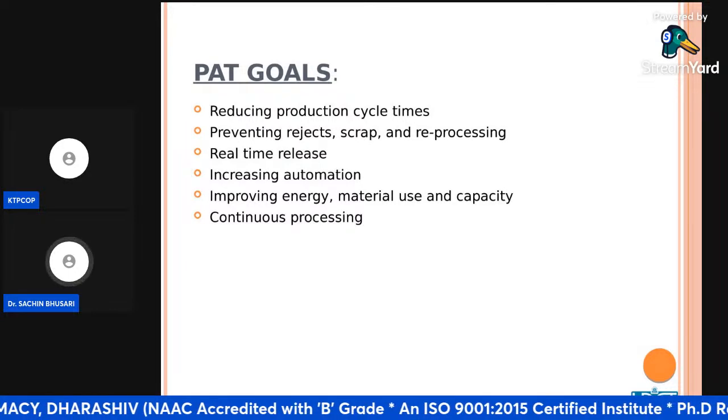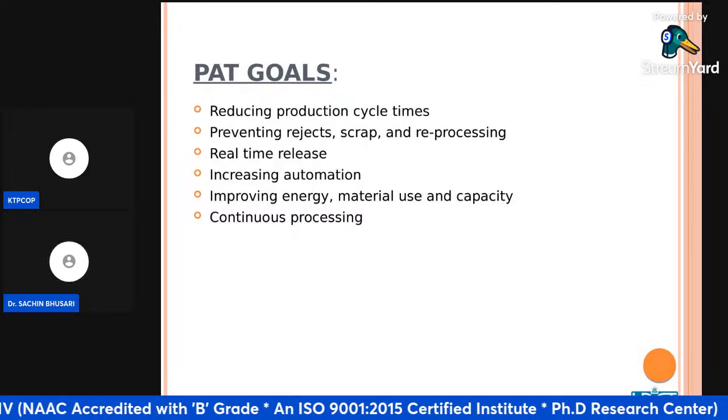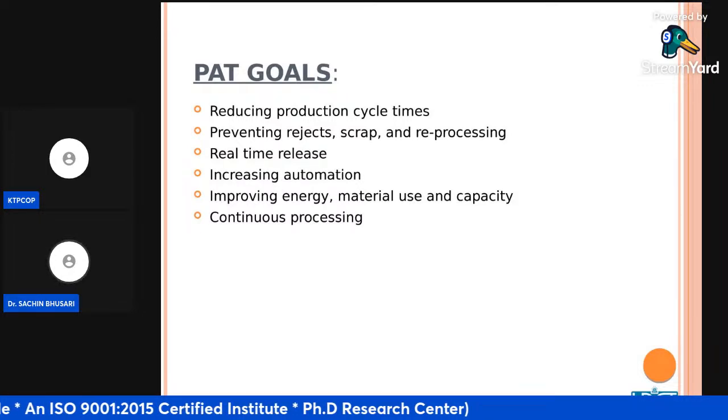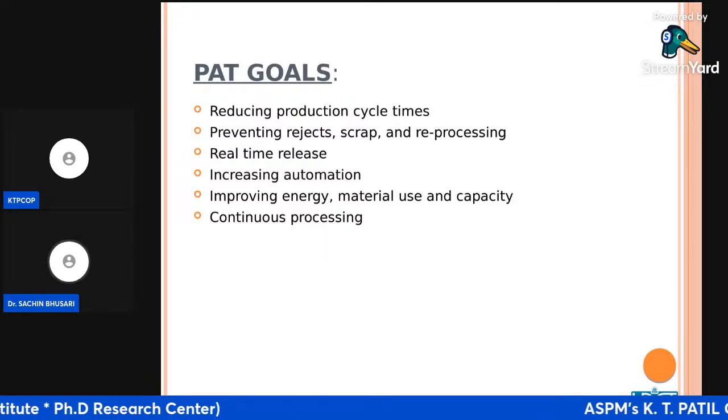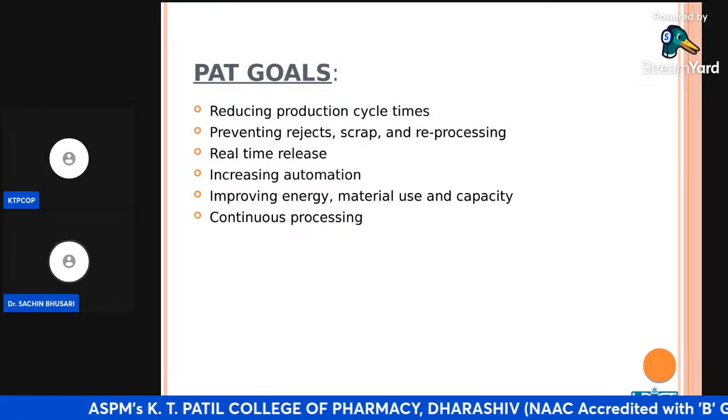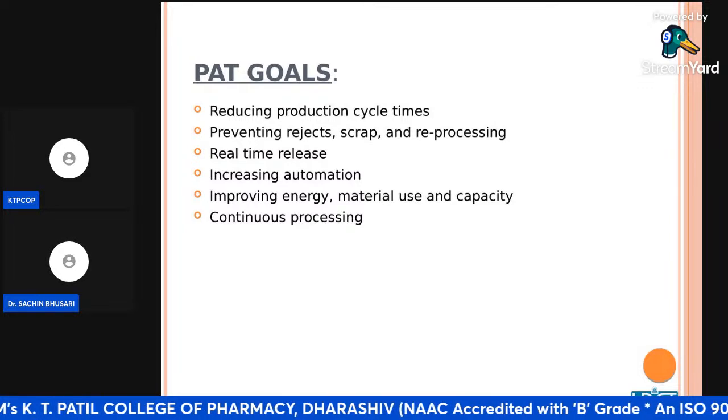Okay. The second goal of PAT is preventing rejects, scraps, and reprocessing. My dear friends, just consider one case. You manufacture 1 lakh tablets, and after analysis of tablet assay, you find that the assay is less, deviating from my standards by 1%. What to do? It's a reject.